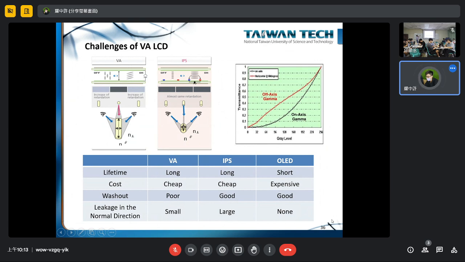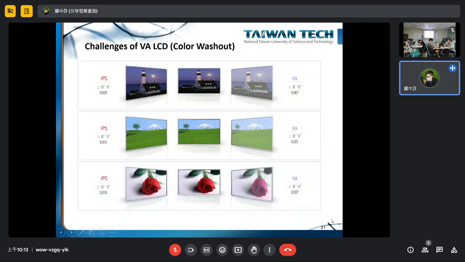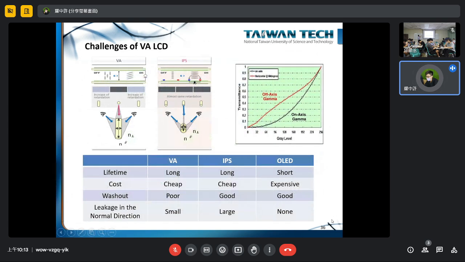But since there's some light leakage in the large angle direction, if you go to like 45 degrees, it will become like this. This will cause this problem. So we try to make the large angle, which means off axis, similar to what you see in the on-axis gamma.